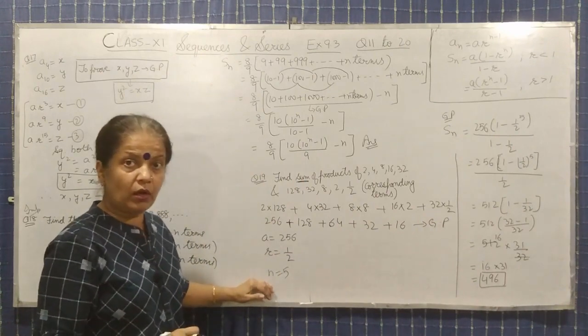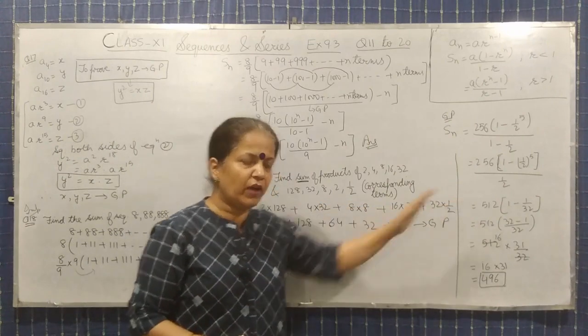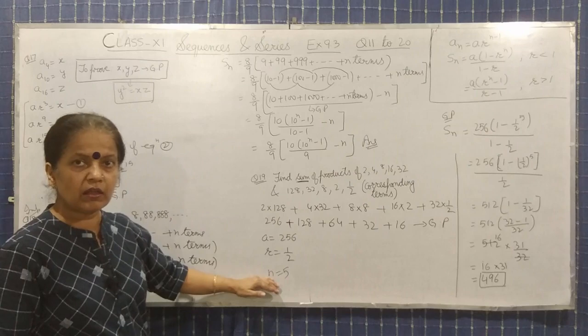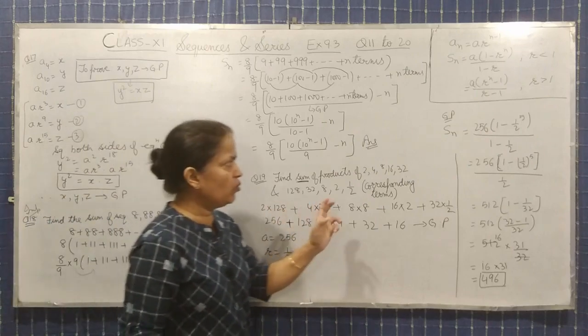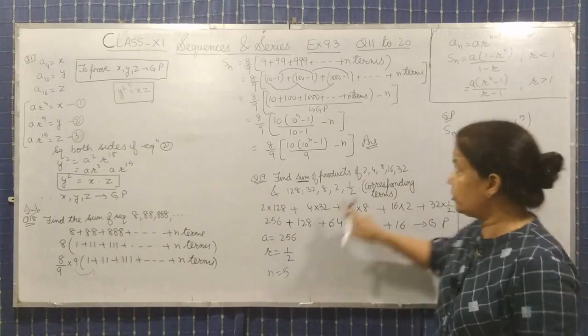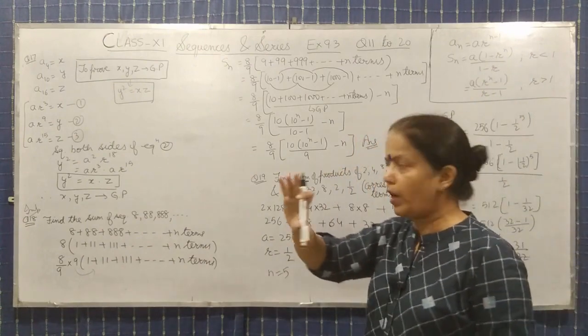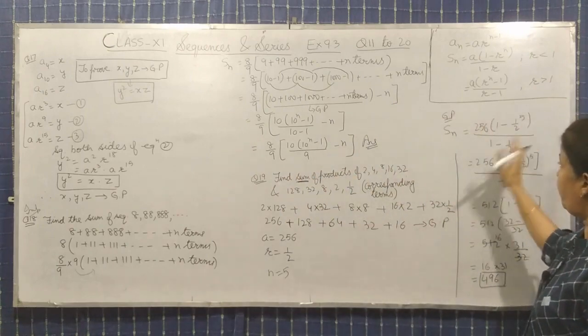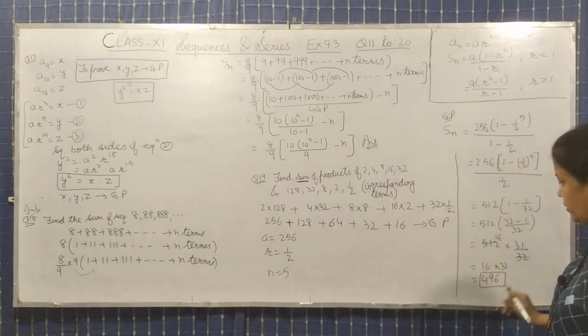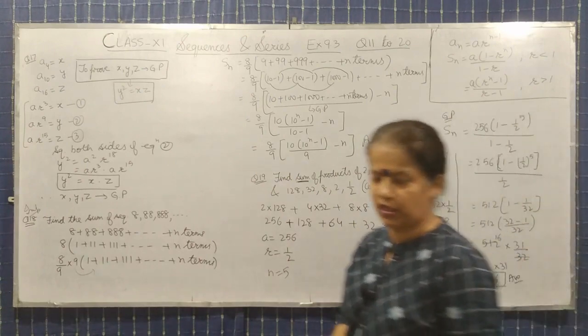And what about n? n is the number of terms: 1, 2, 3, 4 and 5. So the number of terms is 5. Now you will use the sum formula. Since R is half, you will use this formula because R is less than 1. Put it in the formula, solve it further, you will get its answer as 496.